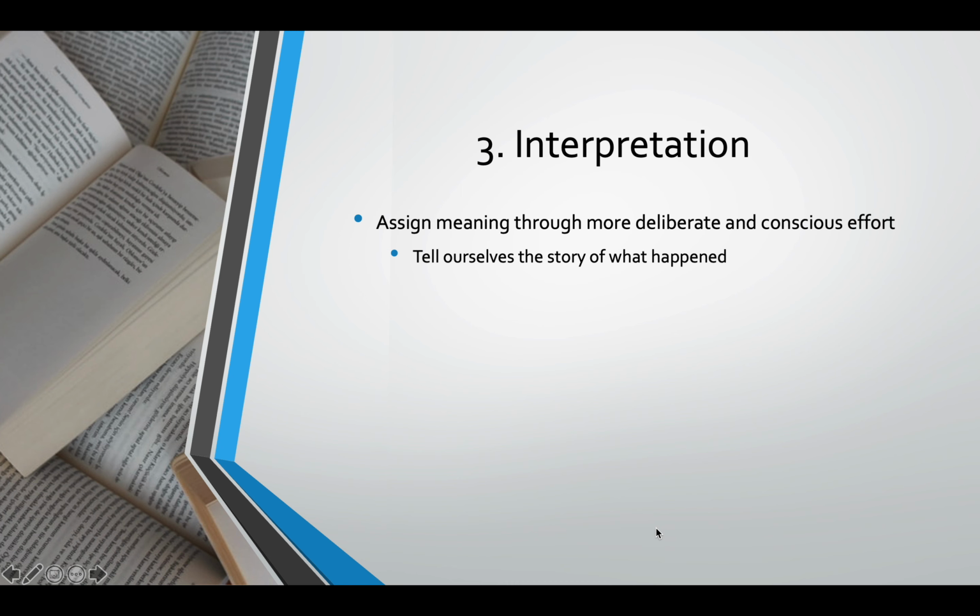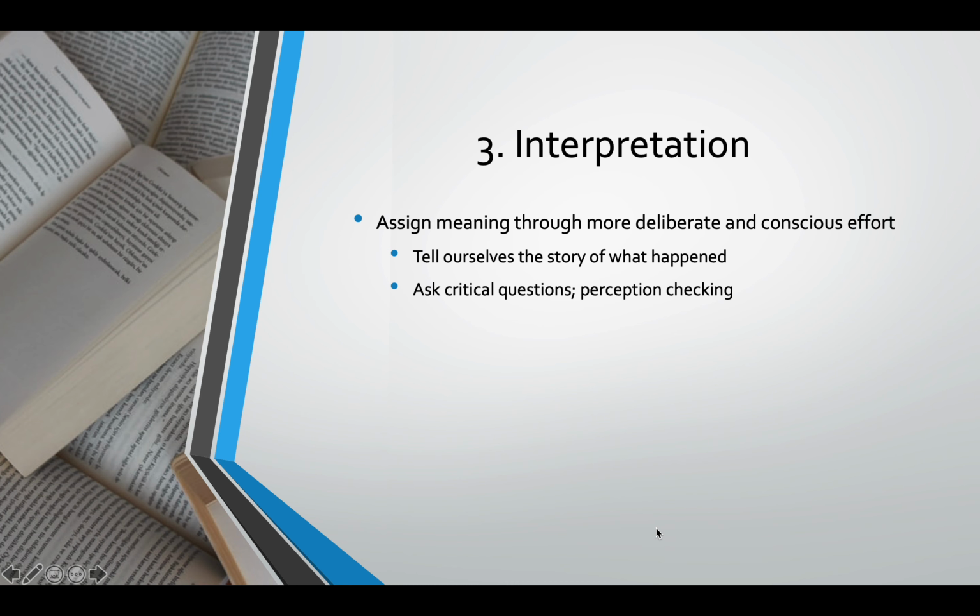We're also going to, in the interpretation phase, be asking critical questions about what we came to understand. Did I correctly understand what happened? Could I be mistaken in some ways? Maybe this isn't a personal trait of this person that's caused this misunderstanding.